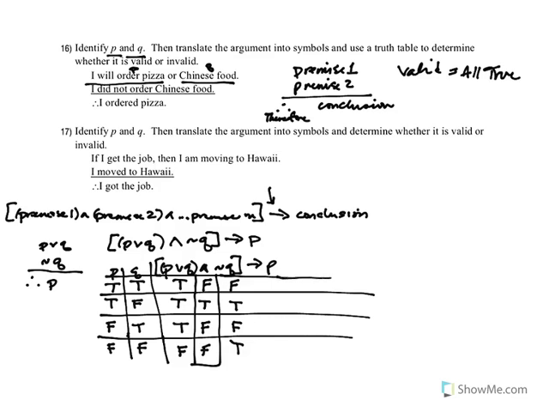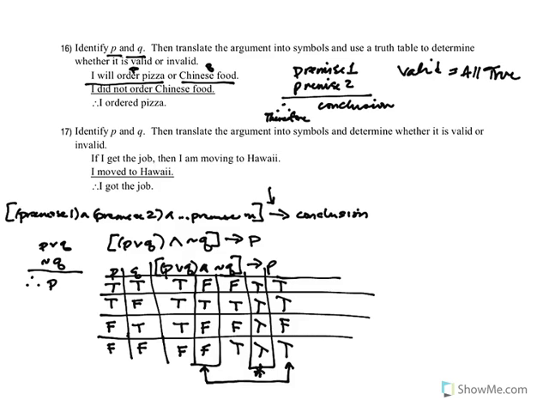Then we have P over here, which would be true, true, false, false. So the conditional, remember, is going to be our final answer. So what are we doing? We're combining the and from the brackets to the P. So if false, then true is true. If true, then true is true. If false, then false is true. If false, then true is true.